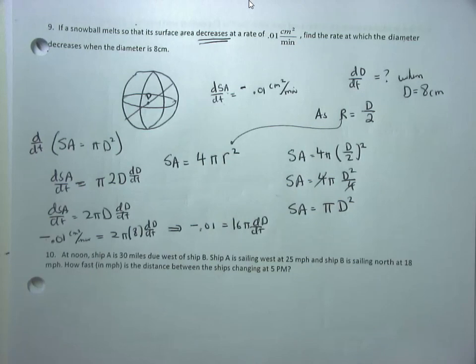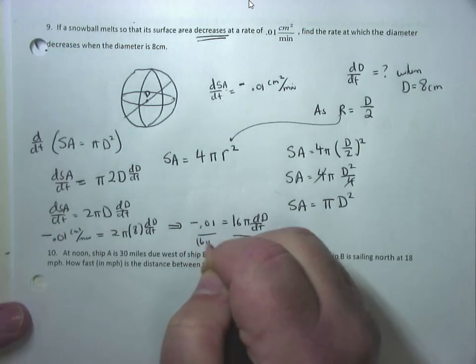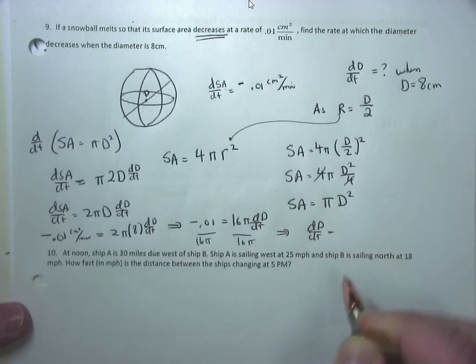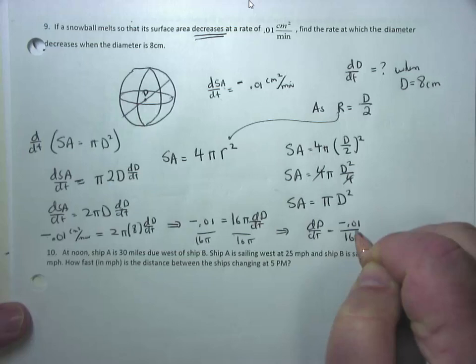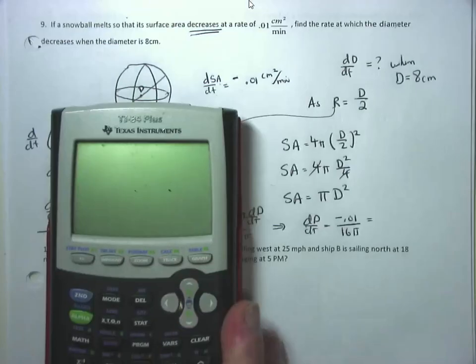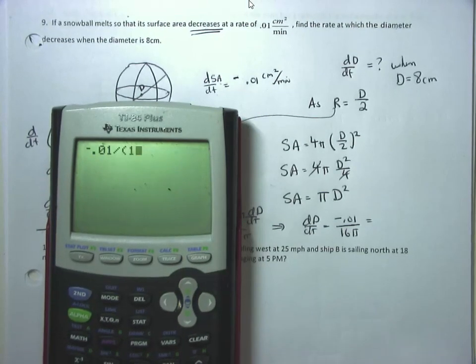And what am I going to do to solve this thing? I'm going to divide by 16 pi on both sides and get my answer. dD over dt is equal to negative 0.01 divided by 16 pi, or for you engineers that just want to know, if you're going to put this on the calculator, don't forget to put parentheses around your denominator. Negative 0.01 divided by 16 pi.